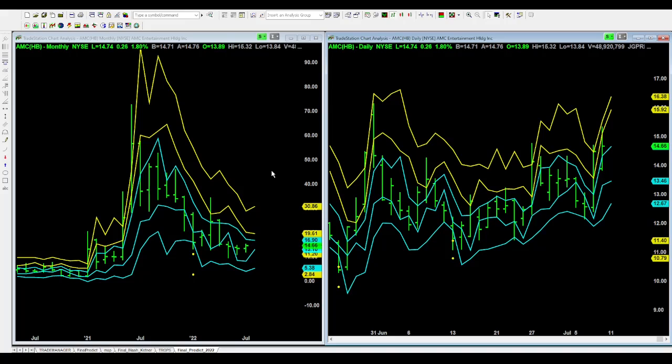During the past several months, the price has generally been in a low price range, around $14 to $15.